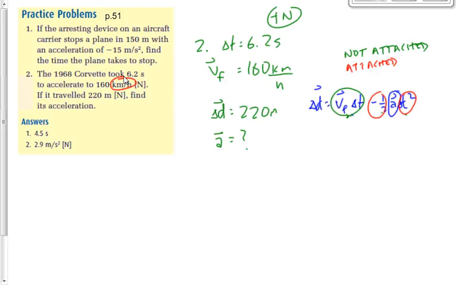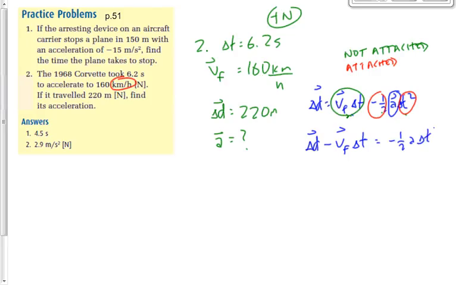What's the opposite of add? Subtract. Let's take the VFT over by subtracting. D minus VFT. We can take the whole term over at once. That equals negative 1/2 AT squared.